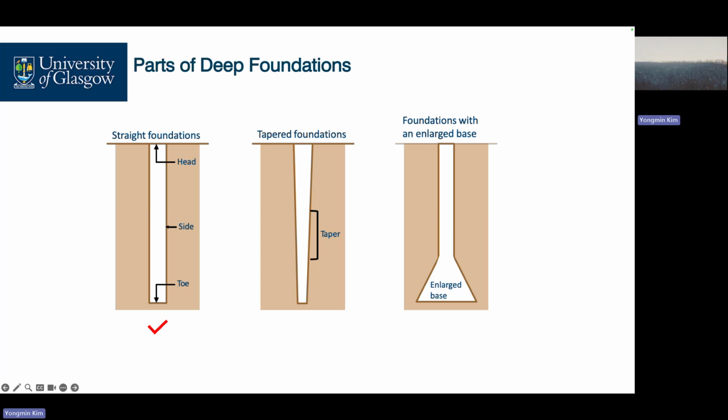Sometimes we have different diameters along the depth, and we even have an enlarged base because sometimes we need more bearing capacity. So we can make it bigger and bigger at the end, and then we have more bearing capacity. But this is typically not used in Singapore. I don't see any tapered and enlarged base foundation systems.